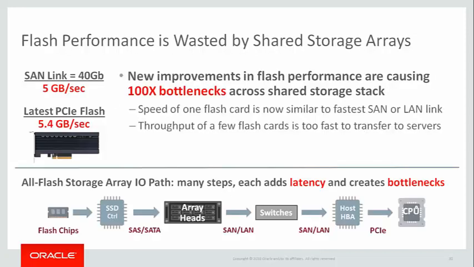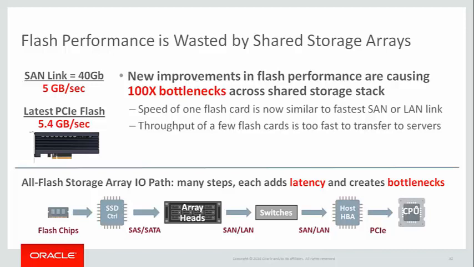The trouble that we have today, which is pronounced for the storage vendor arrays, is that with the new improvements in flash, the performance is causing 100x bottlenecks across the shared storage stack. For example, today the latest NVMe flash cards offer 5 GB per second of bandwidth.